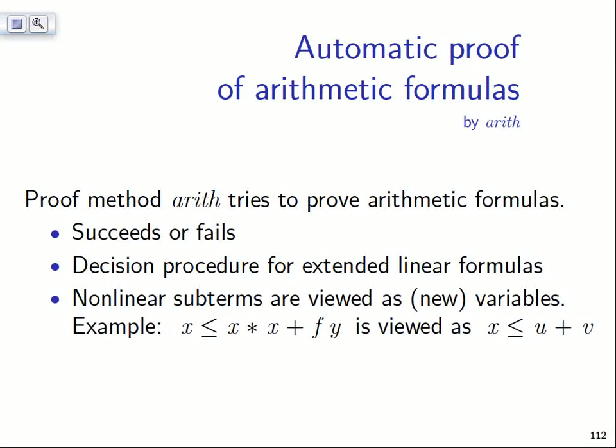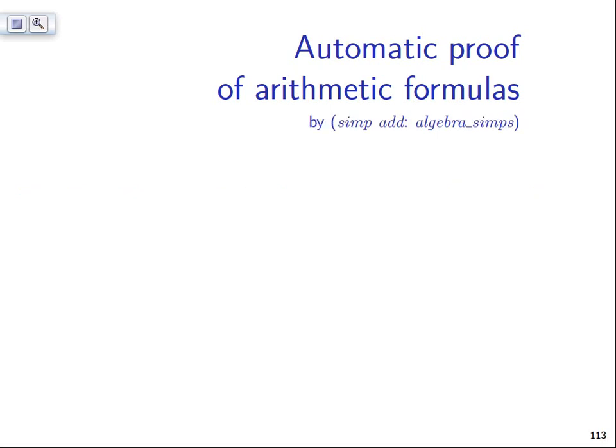Now, this is nice when it works, but when it doesn't work, there are still some things you can do. Namely, a very heuristic approach is to use a background set of simplification rules called algebra_simps.